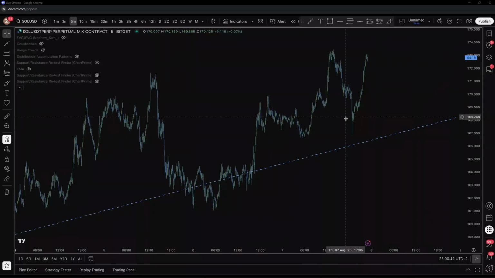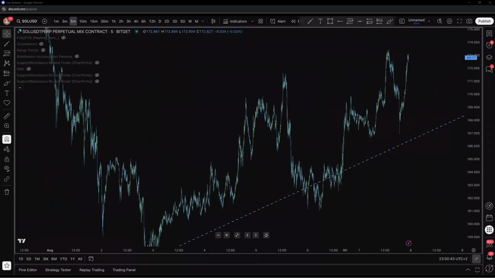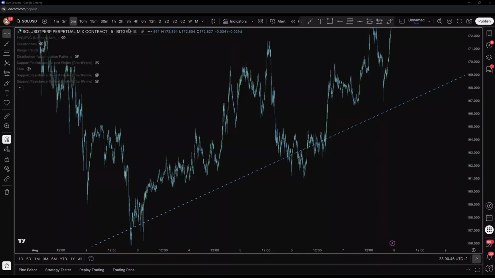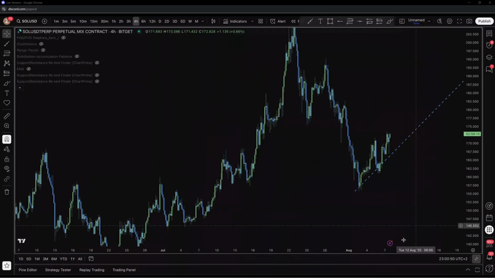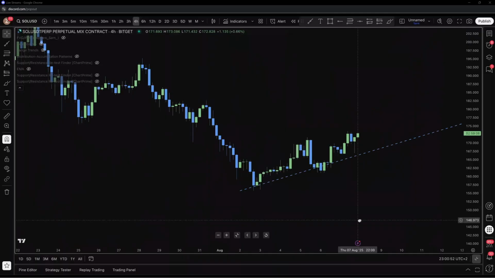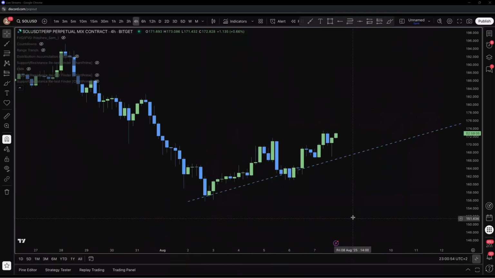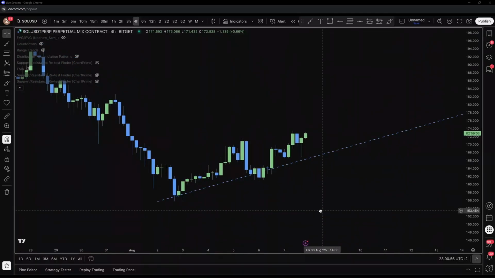Yep. Okay, so this might be a tough example, but if you go to the 4-hour, we're still above it. In some cases, you'll see that the relationship with price, for example, on the 4-hour, price is just right under the trend. And then when you change time frames, the same range trend will be very far from price.